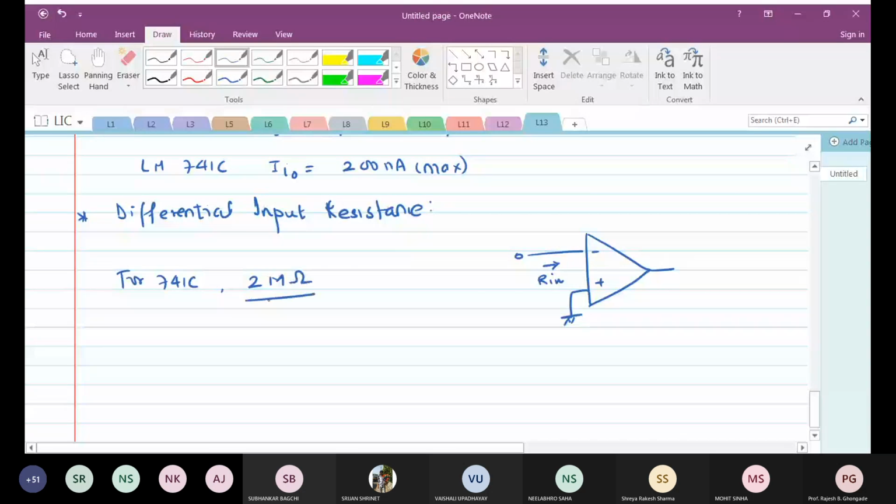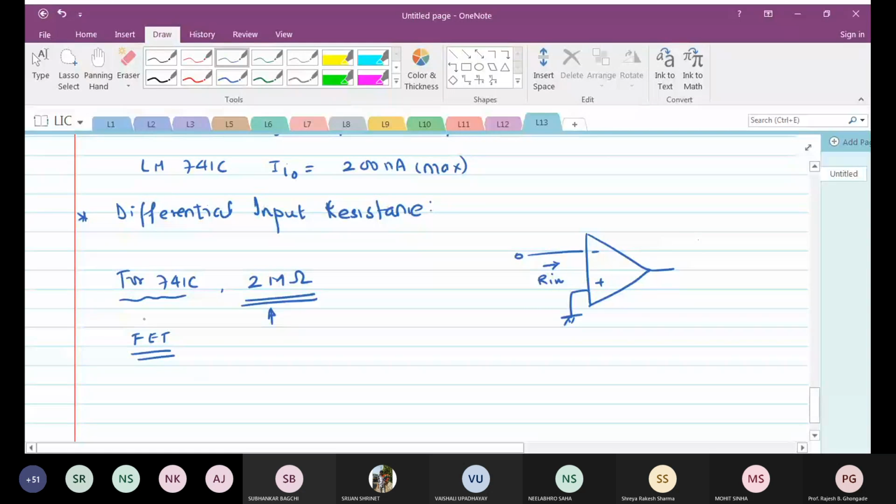Please understand this carefully. Now there are special purpose operational amplifiers where we require the input resistance to be as high as possible, even higher than this. And those normally make use of field effect transistors at the input. So your differential amplifier is composed of FETs. And all of you know that the input resistance for a FET is tremendously high.